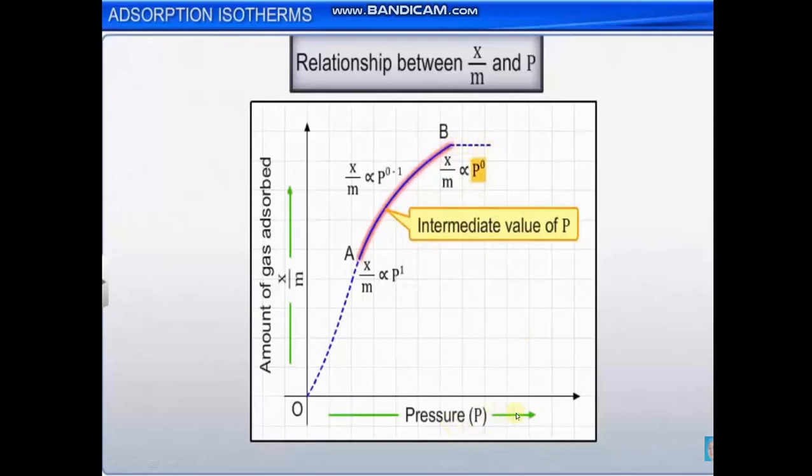It means that though there is increase in pressure, there is no increase in amount of gas adsorbed. So X upon M is independent of pressure P, that's why P raised to the power 0. But in the intermediate region A to B, X upon M is proportional to P raised to the power 0 to 1.